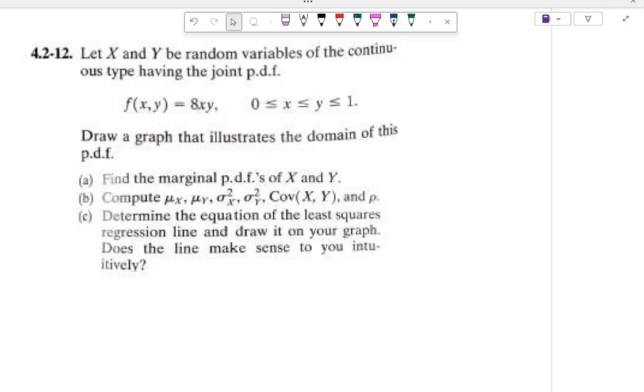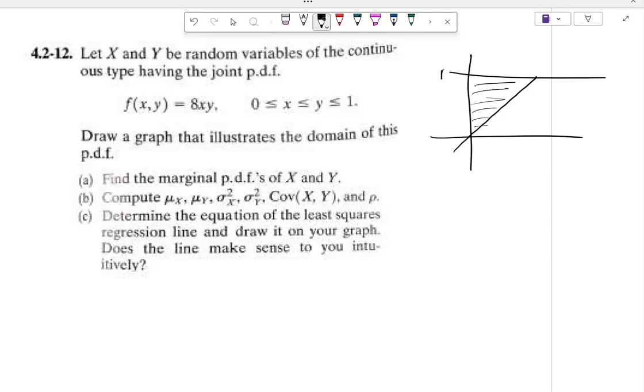All right, again, I'll draw my region to start with. In this case, I still draw the line y equals x, but now my y is bigger than my x, right? So we're up here for my shading. This says y is greater than or equal to x.